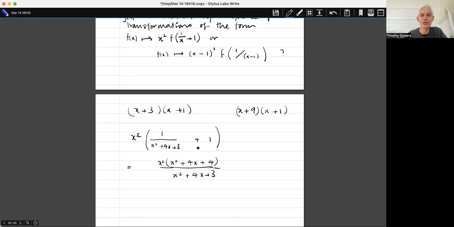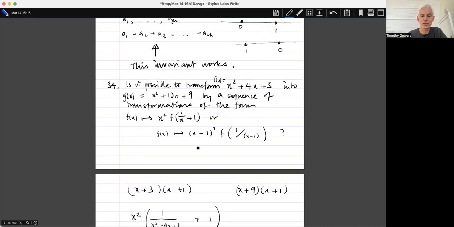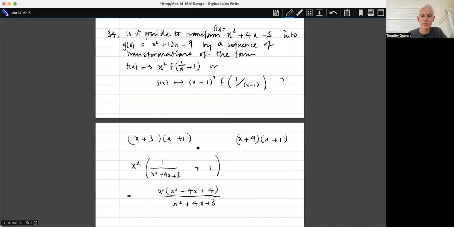I'm not sure I'm going to see why that should be the case, but let's just... Oh, I've made a mistake actually. I shouldn't have taken x squared. I took 1 over f of x plus 1, so let's get rid of all that. That was absolute nonsense.